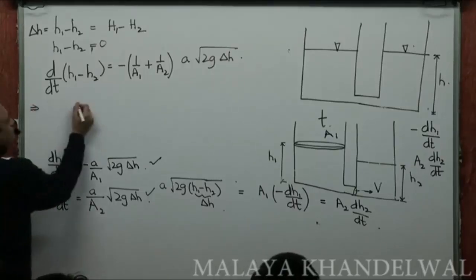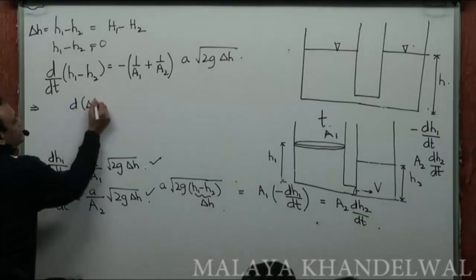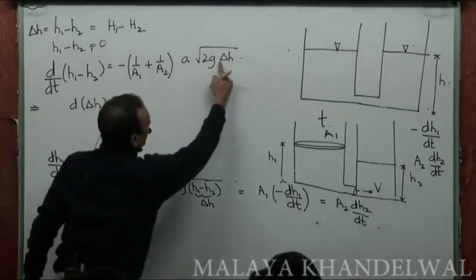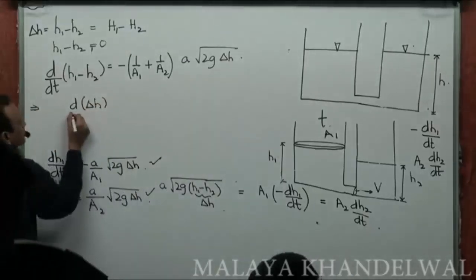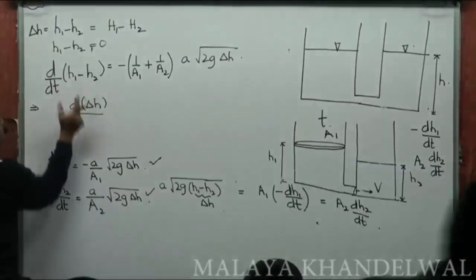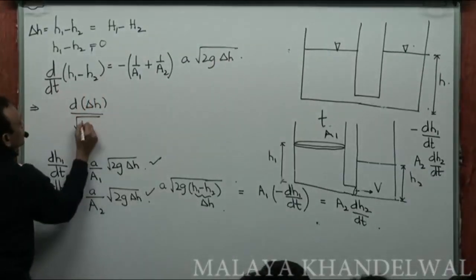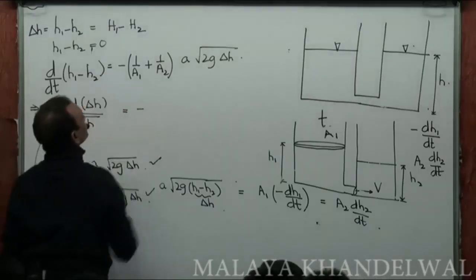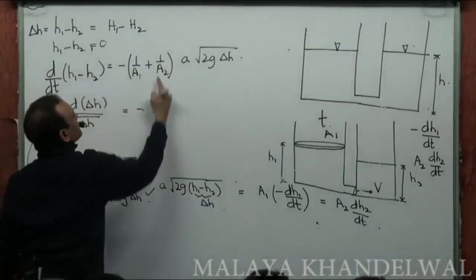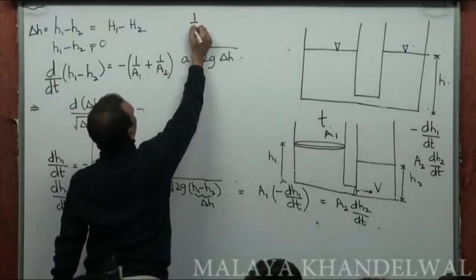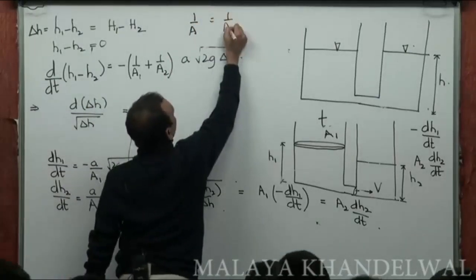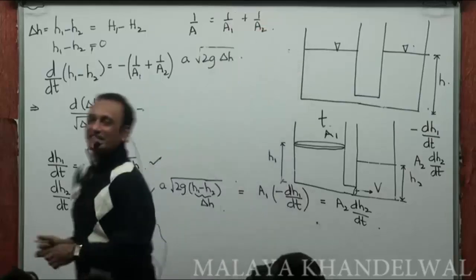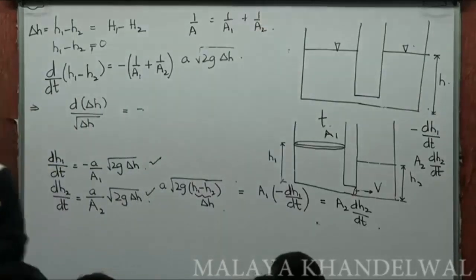This is d of delta h, right? Divided by root delta h. I bring root delta h below this. Minus 1/A1 plus 1/A2, I write as 1/A, say. Loosely speaking, don't take me at face value.